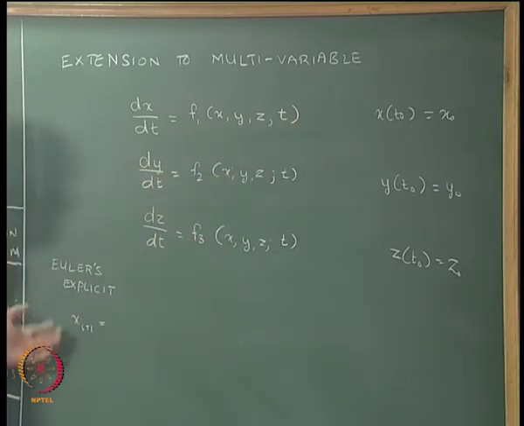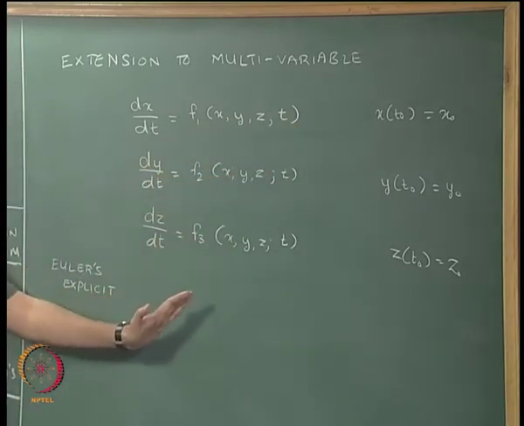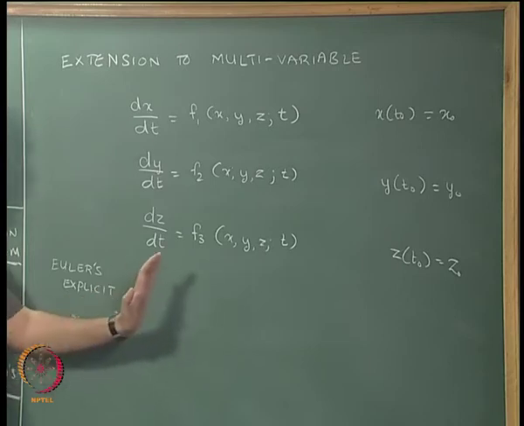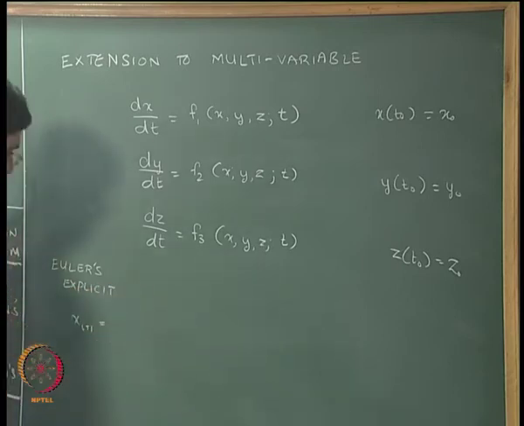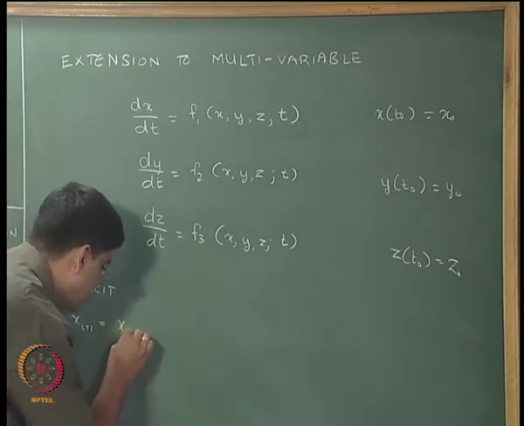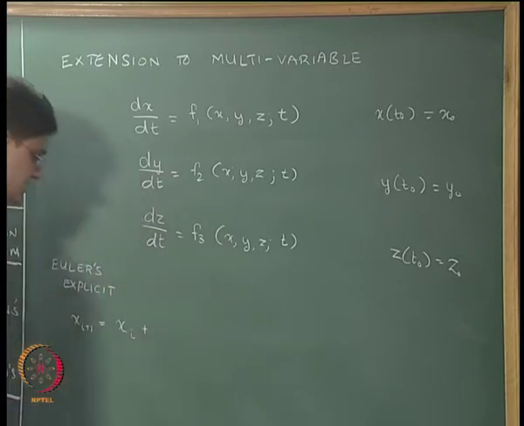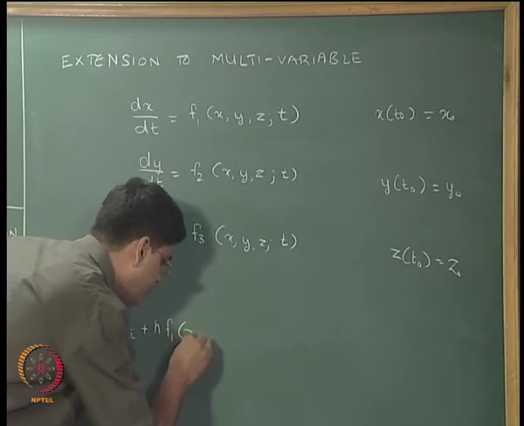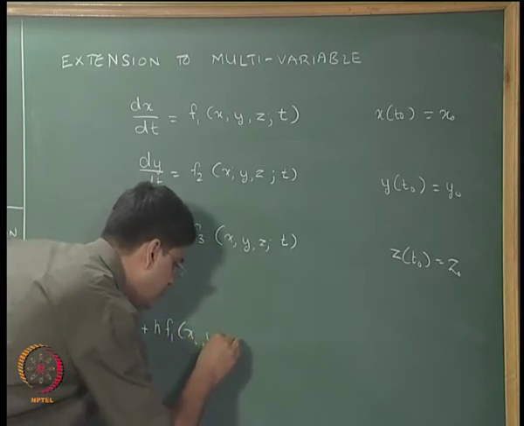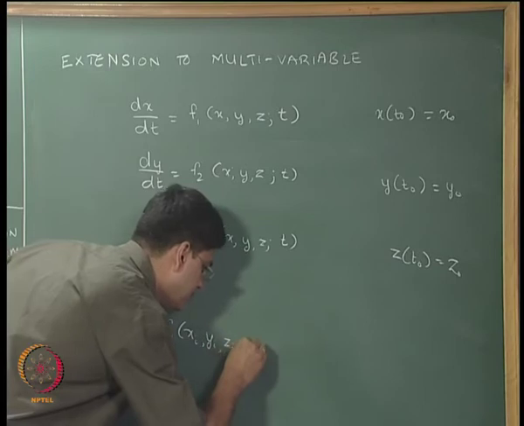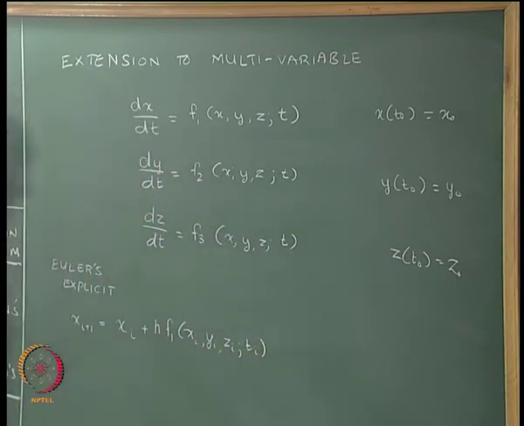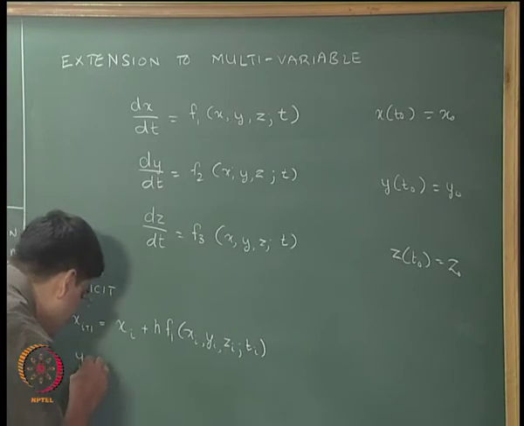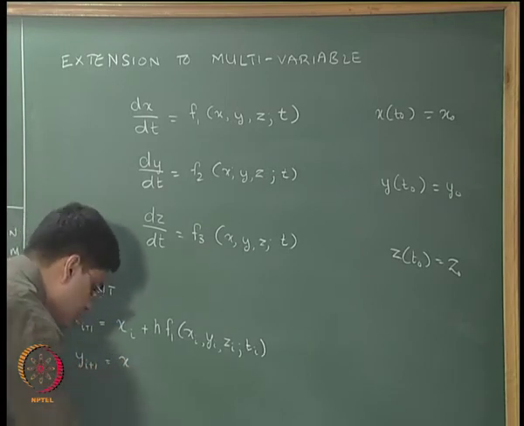Then we multiply by h throughout and take xi to the other side, and the equation is simply xi plus 1 equal to xi plus h times f1 of xi, yi, zi, ti.